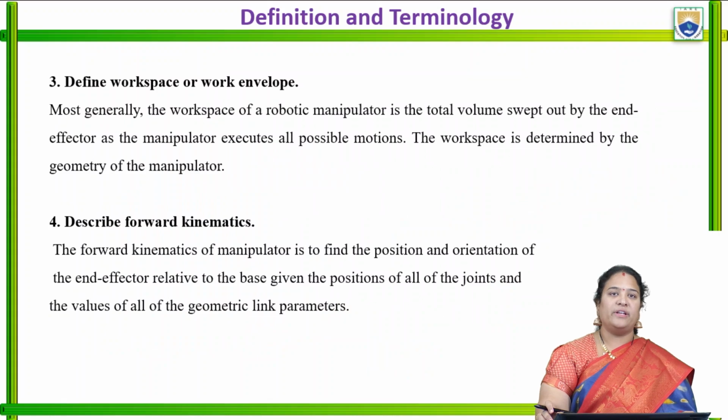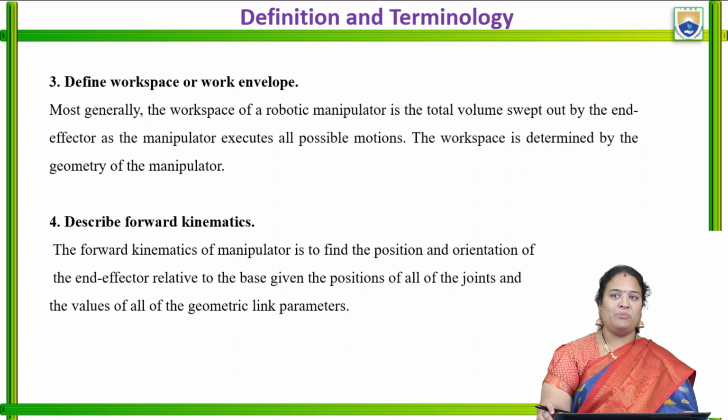Next, define workspace and work envelope. What do we mean by workspace and work envelope? Generally, the workspace is determined by the geometry of the manipulator.